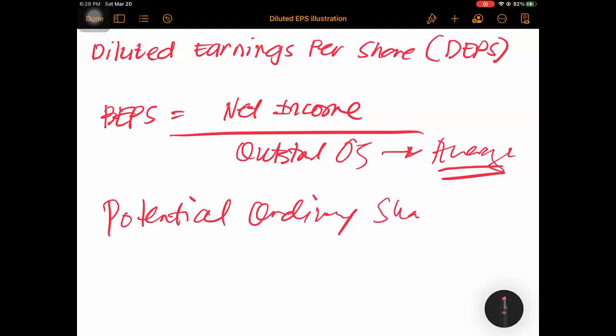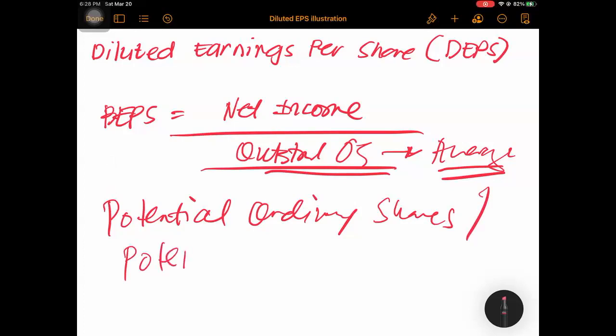And take note that in the formula of our earnings per share computation, our denominator is the outstanding ordinary shares. So what if there are potential ordinary shares, which we also call potential diluters?